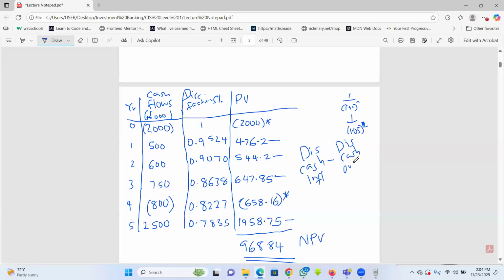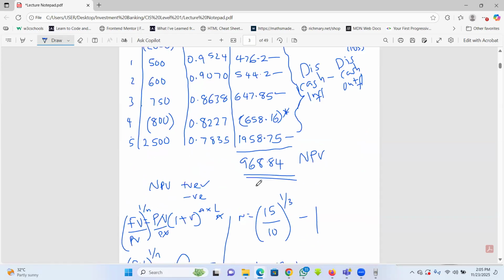Do you agree with this, please? Can I get a confirmation that NPV is discounted cash inflow minus discounted cash outflow? I hope you understand that. Yes, sir, we understand. We added the inflow there. Great. So these are the cash outflows taken away from the cash inflows, of course, discounted.